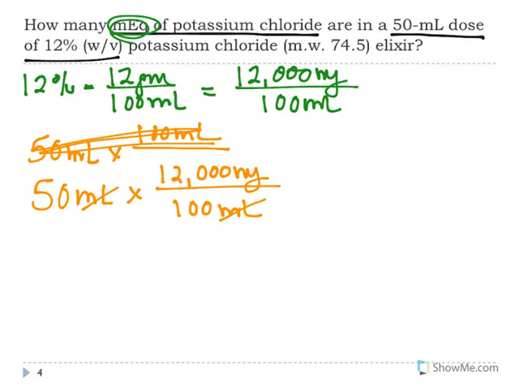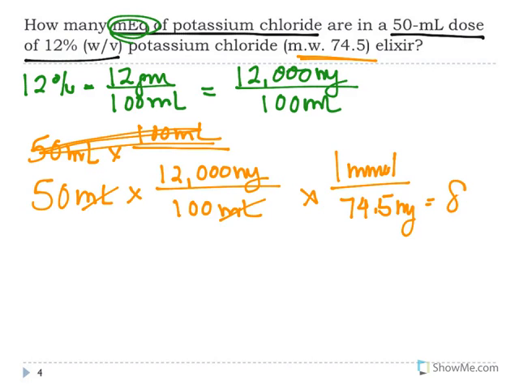And I am able to get to millimoles. Remember, we need to get to millimoles first as our bridge. And what is that relationship? Well, 1 millimole is equivalent to your molecular weight in milligrams. So in this case, we have 80.54 millimoles. So the next step is to get from millimoles to milliequivalents. And again, it's based on valence.